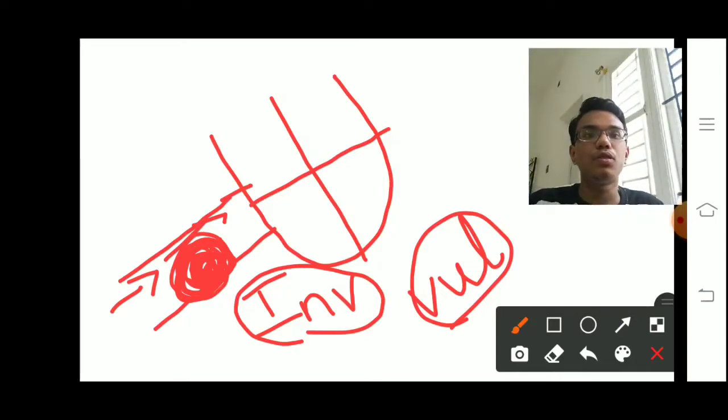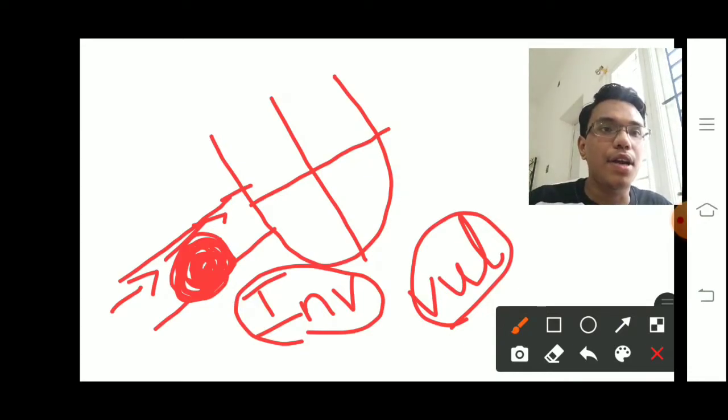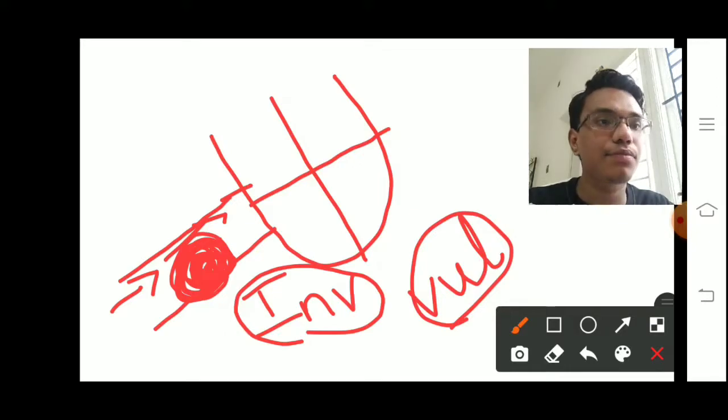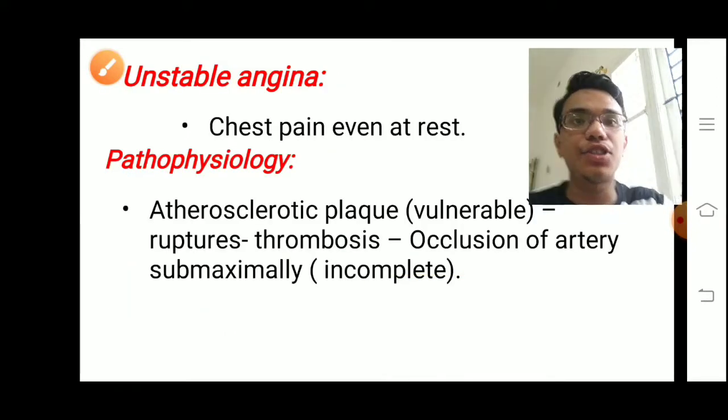Got it? As the blood vessel gets occluded by the thrombus, blood flow is restricted a lot and very little blood reaches the heart, which cannot satisfy the cardiac myocytes, right? So the patient experiences chest pain even at rest. This is the pathophysiology behind unstable angina.